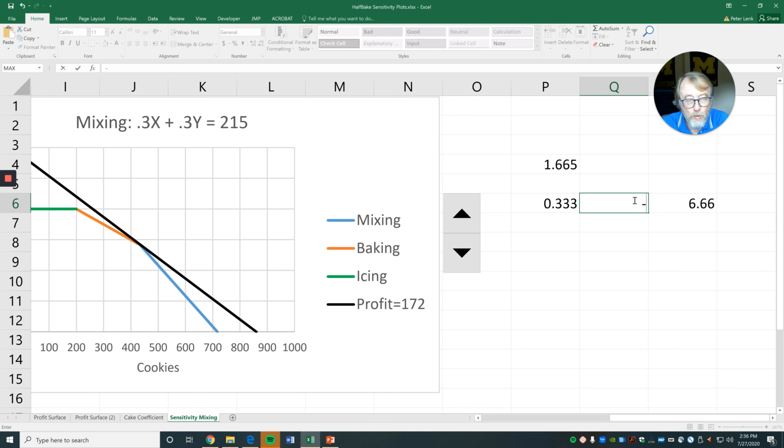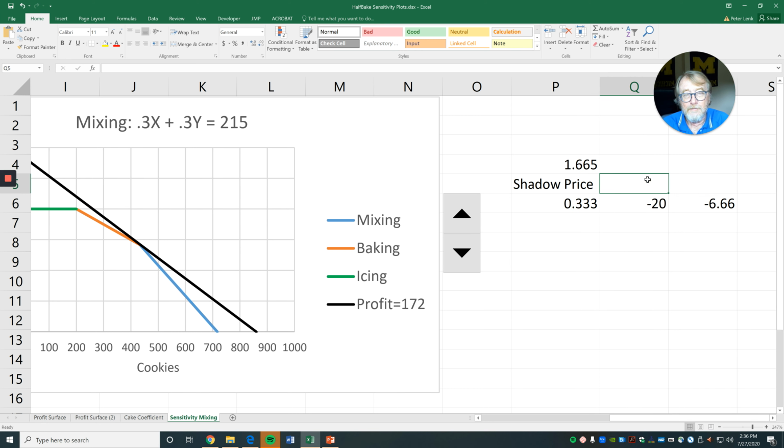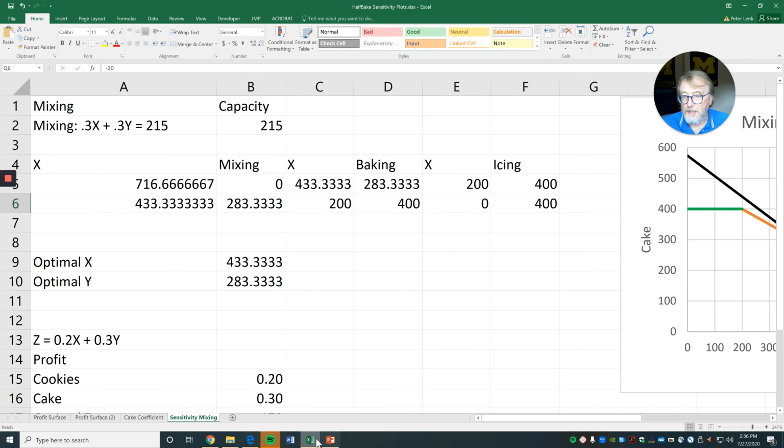If I took away 20 hours, it'd be a minus $6.66. Okay, so this is the shadow price, and this is the amount you would increase it by. Okay. All right. Okay, great.